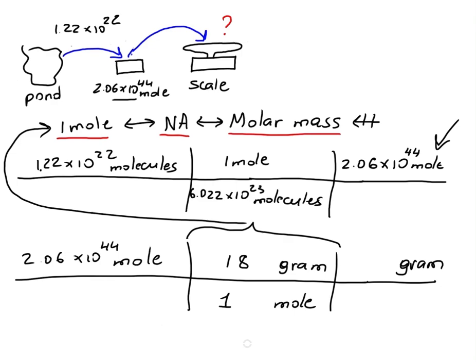When you calculate this, you should get 3.708 times 10 to the 45 gram, because mole and mole cancel out each other, just like molecules and molecules canceled out earlier, and then we have gram here. So this is how you solve stoichiometric problems.